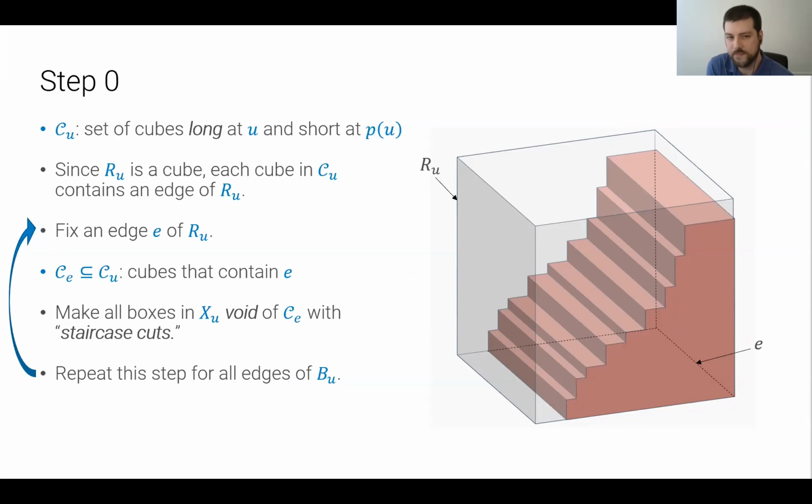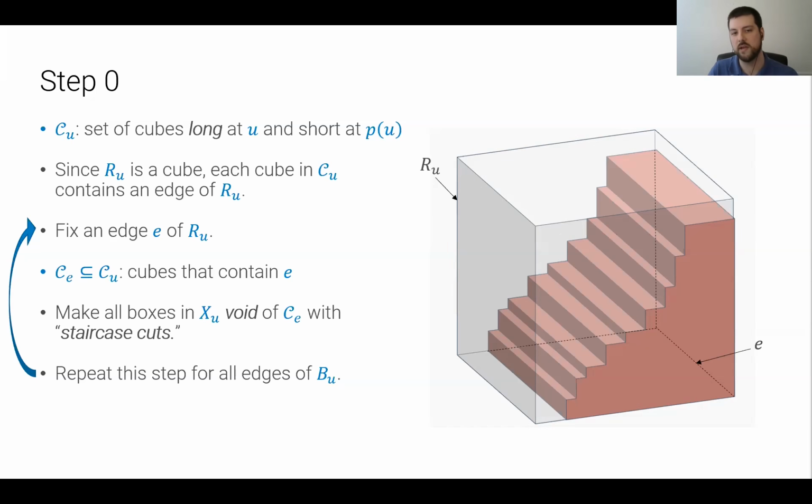Right, so step 0. Let's denote by CU the set of cubes that are, again, long at RU and short at RPU, where PU is the parent of U. And since RU is a cube, all of the cubes are going to contain some edge of RU. So let's fix an edge E of RU, and let's look at the cubes in CU that contain it.